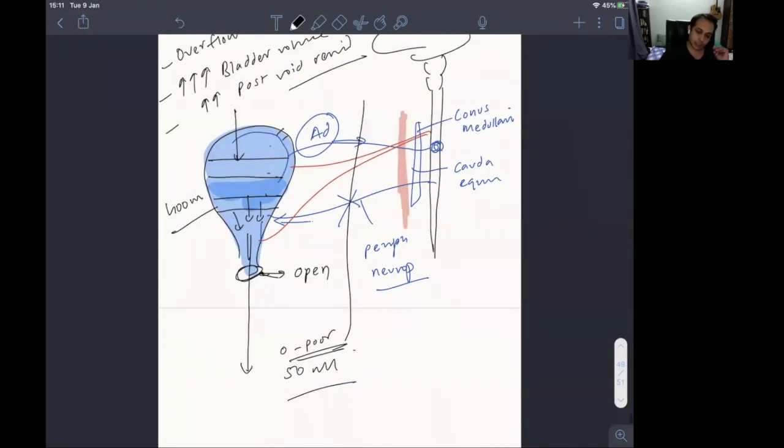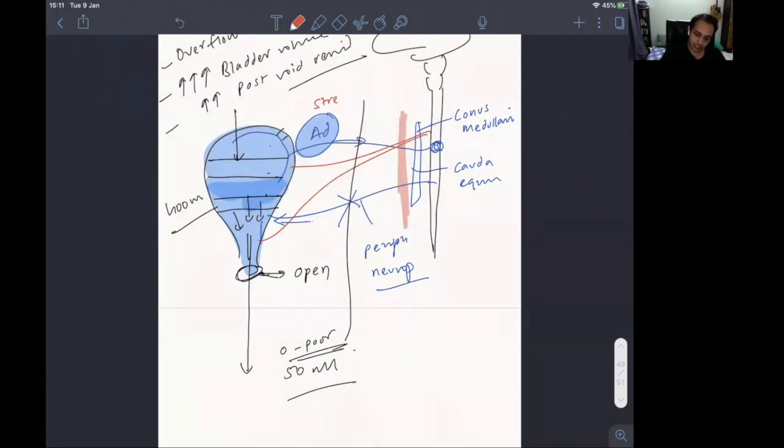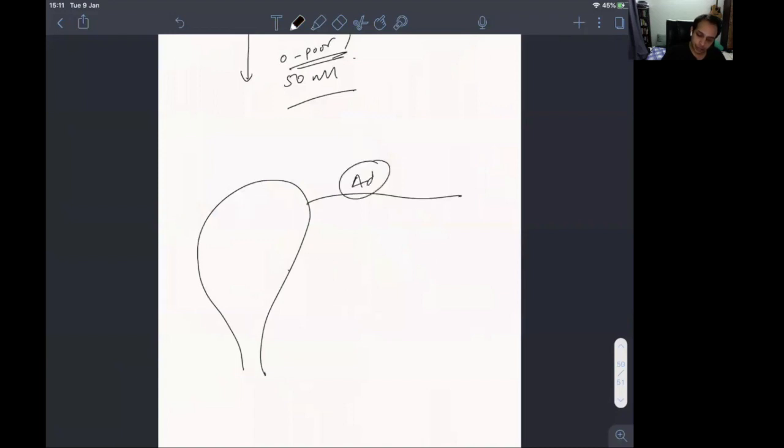Another thing is that, supposing in this infrasacral region, if your sensory fibers are affected, then you have no idea that your bladder is getting full. So you feel no pain. Your A delta fiber only carries stretch. But if your bladder is filled to a very large extent, then there is another pathway that carries pain, and that is your C fibers.